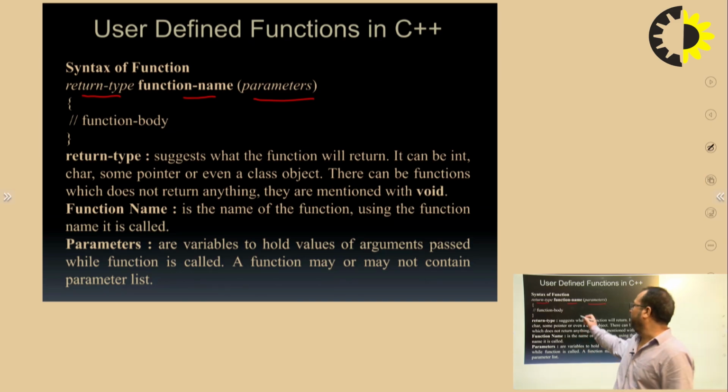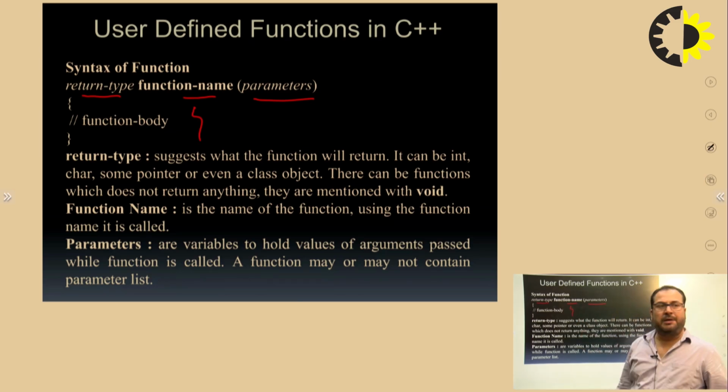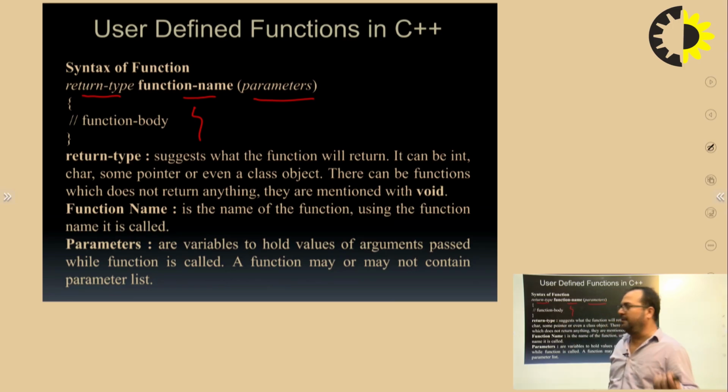Then we write the code. The return type says what the function will return: if you write int, float or char, this function is going to return an integer, a float number or a character. Parameters are the arguments which can be passed, depending on the nature of the function.